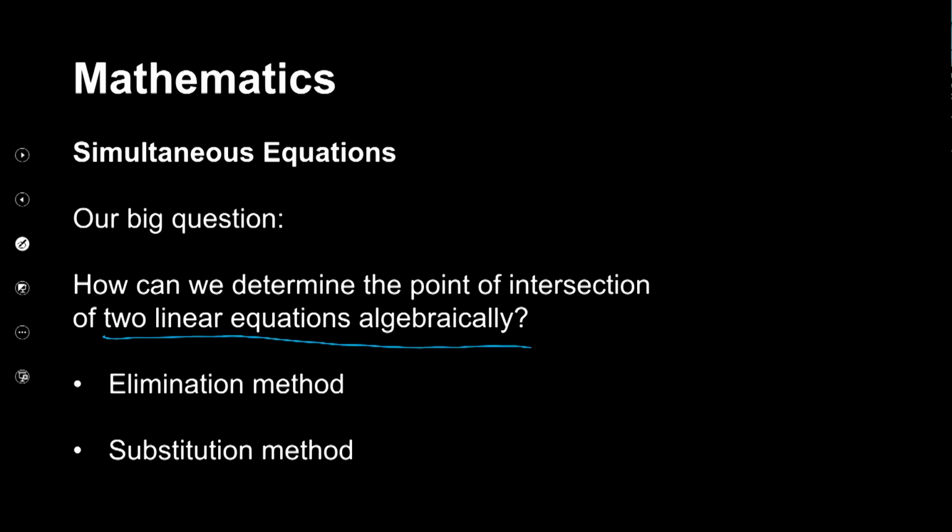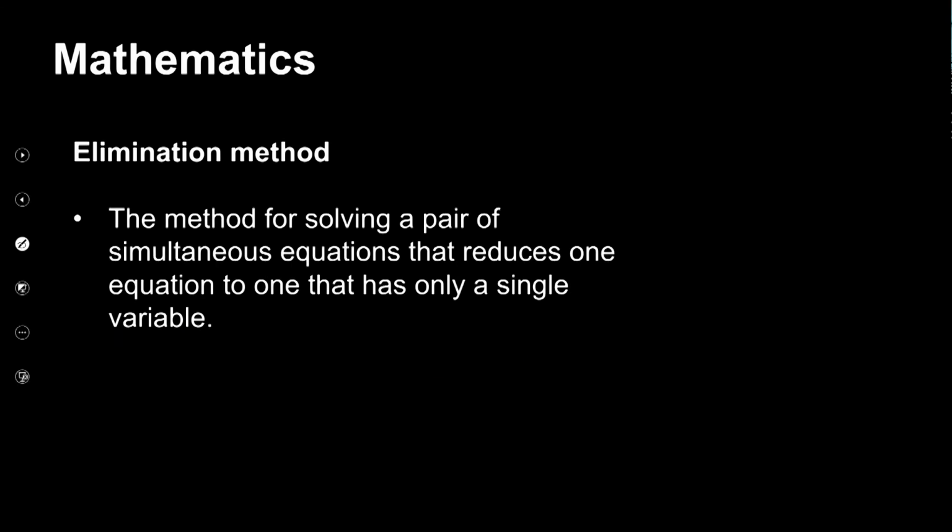That we are going to do with method 1, the elimination method, and method 2, the substitution method, which we're going to do at a later stage. The elimination method is the method for solving a pair of simultaneous equations that reduces one equation to one that has only one variable.